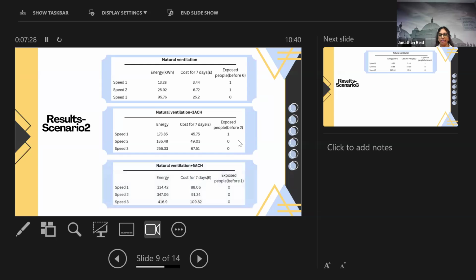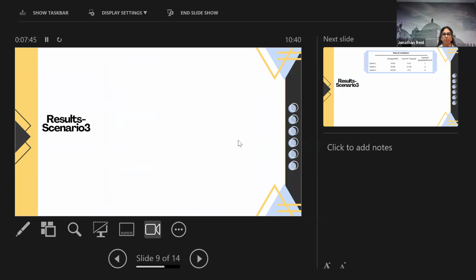And for natural ventilation plus 6 ACH, for all three different speeds, it reduced to 0. But mechanical ventilation also plays a very important role and was also responsible for reducing the infection risk. The combination of both is what is recommended.